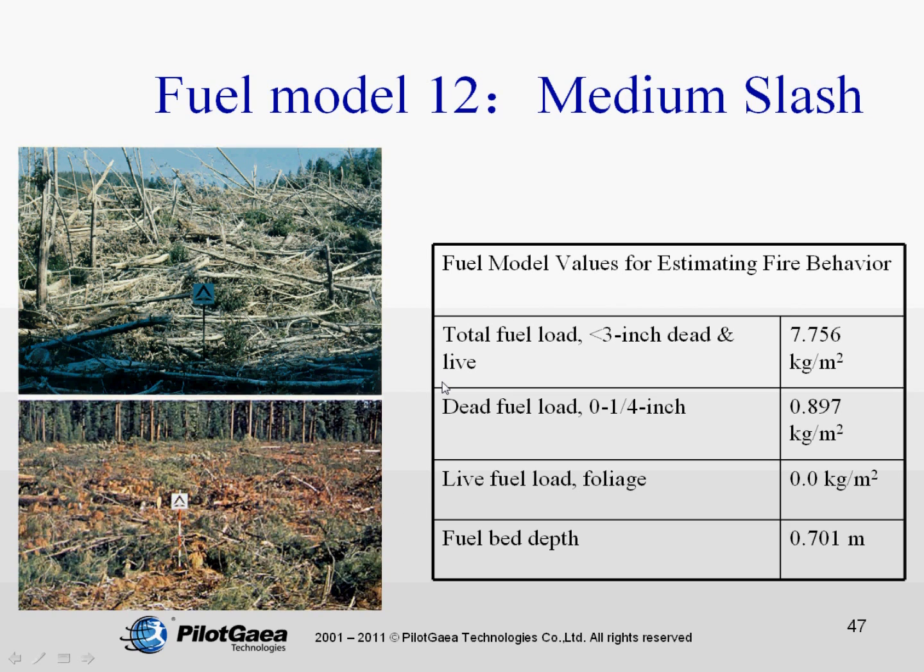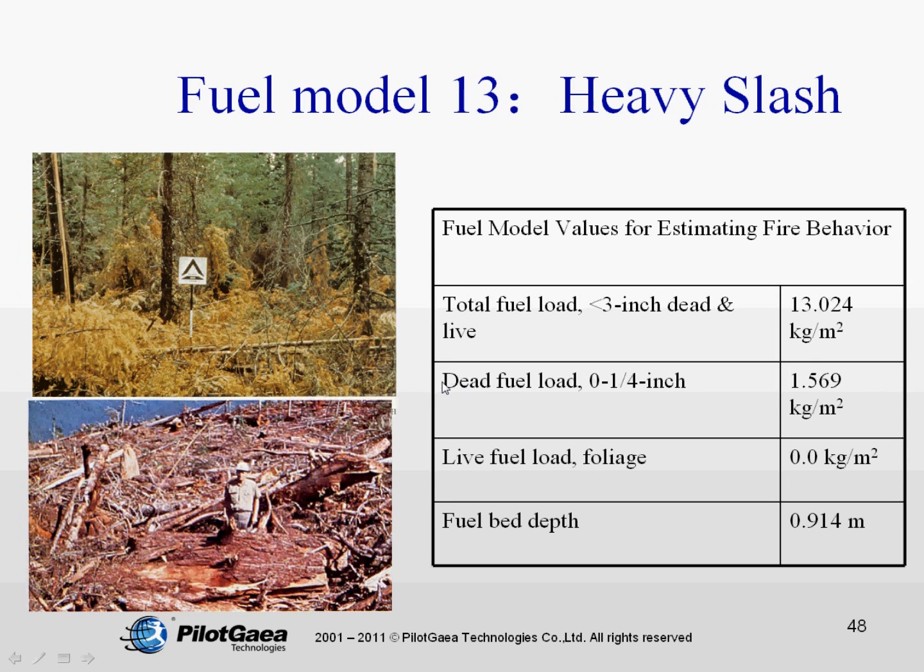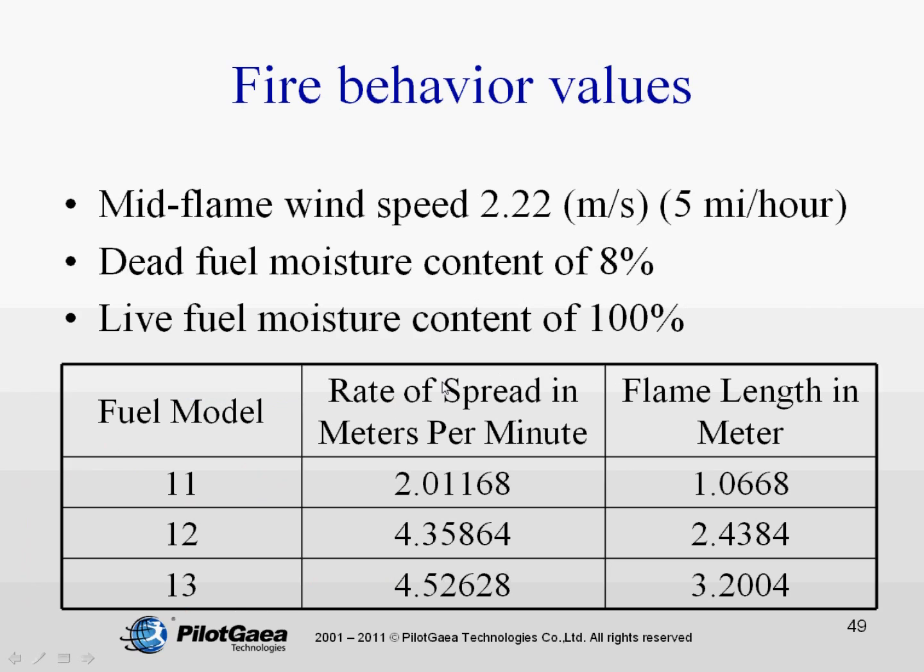In this way, the prediction and simulation of the fire spread by our system will be correct. The records introduced above are the data about the 13 types of fuel models.